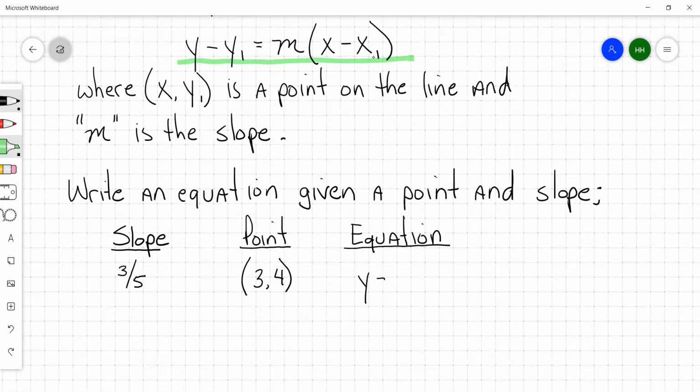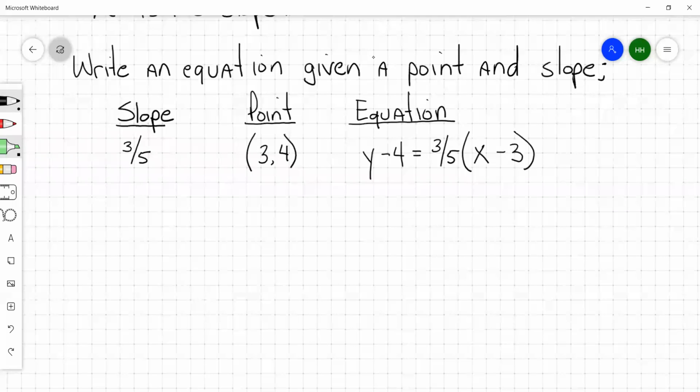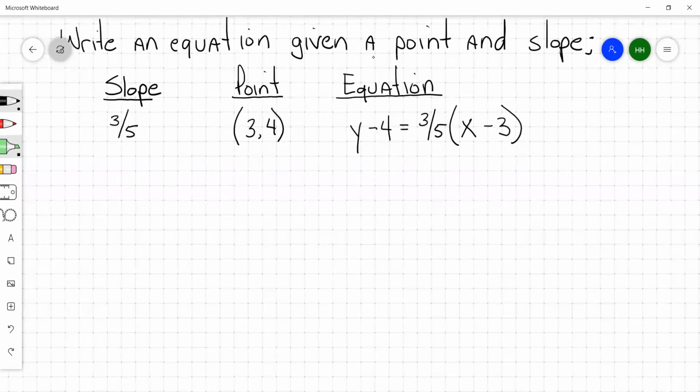So this goes y - 4 equals. And then the slope, which is 3/5. Left parenthesis and the letter x. And then the opposite of the x value of the point that you're given. So x - 3, close the parentheses. There's your equation in point slope form for the given point and slope.